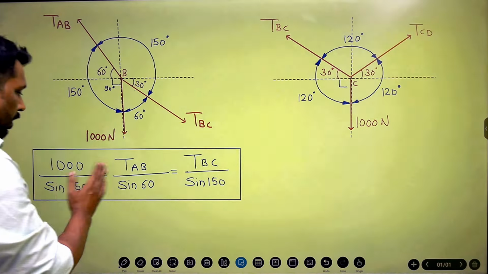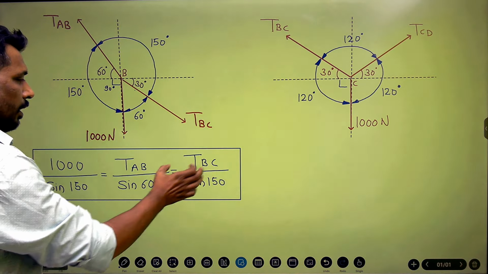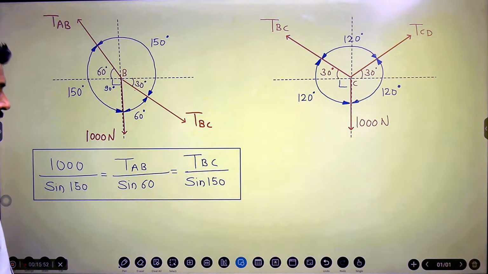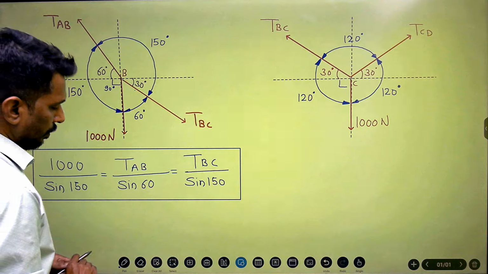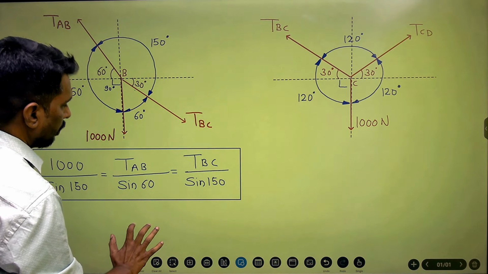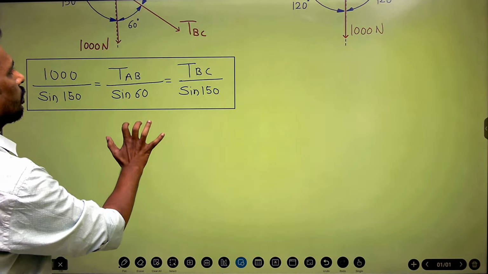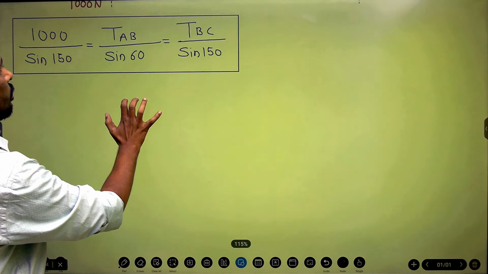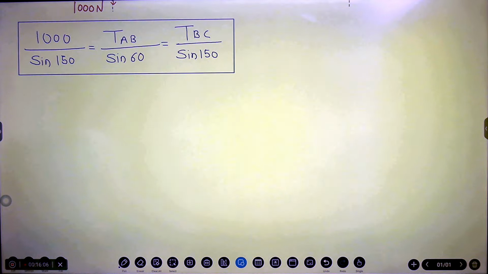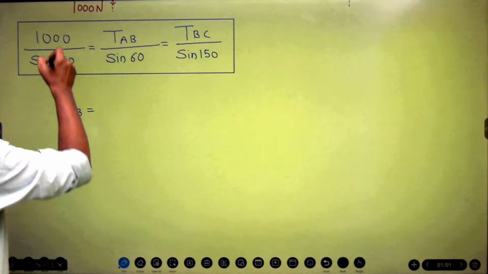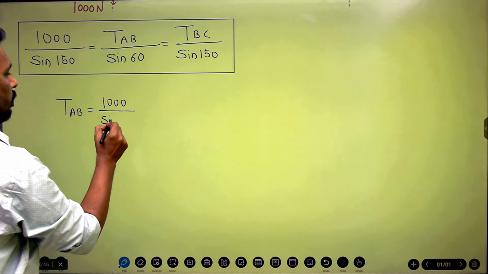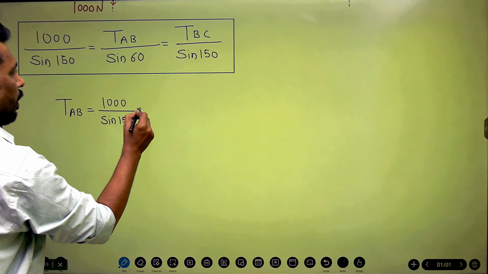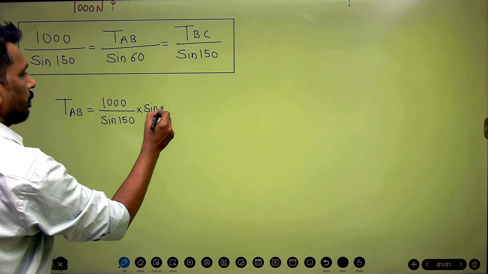Now you can equate these fractions to get the TAB answer and then the answer of the TBC. So let's go ahead. For TAB, the equation will be 1000 upon sine 150 into sine 60.